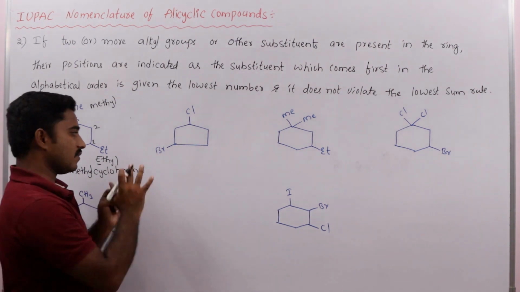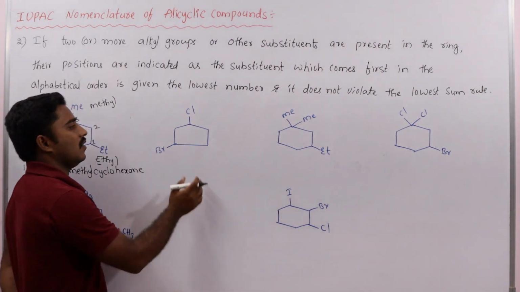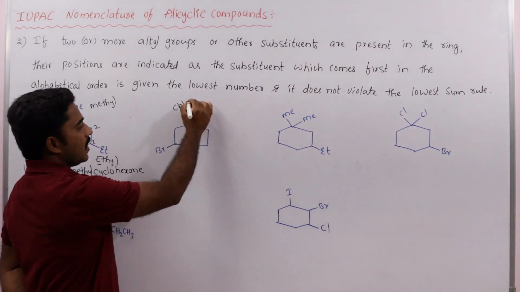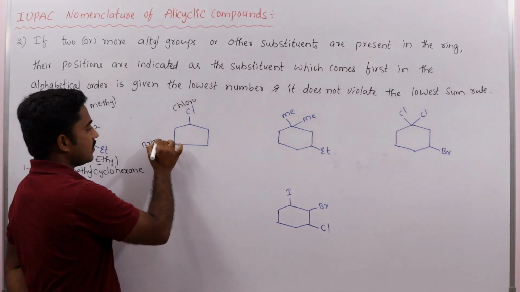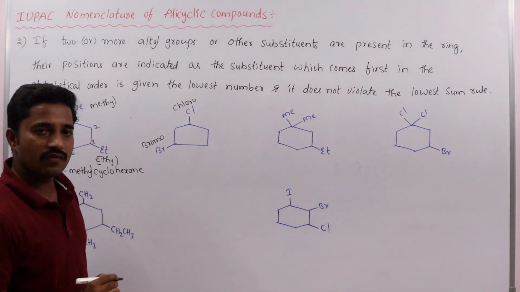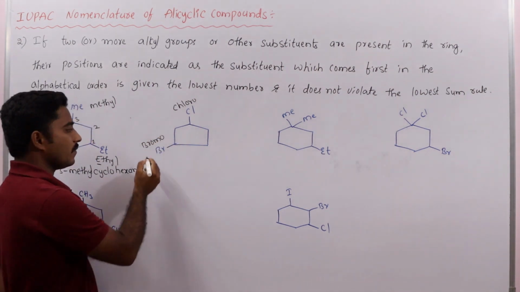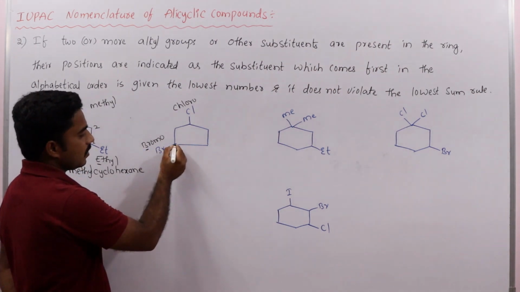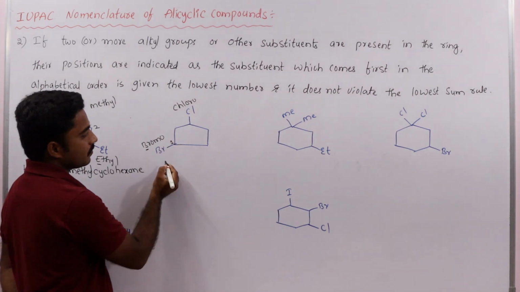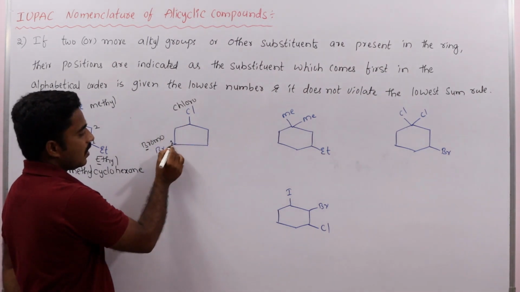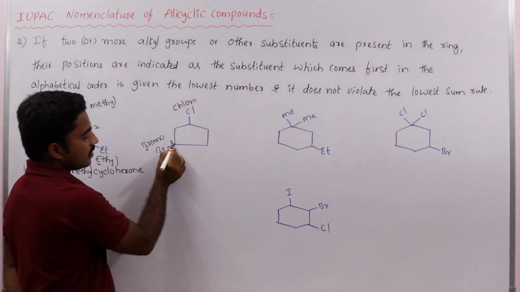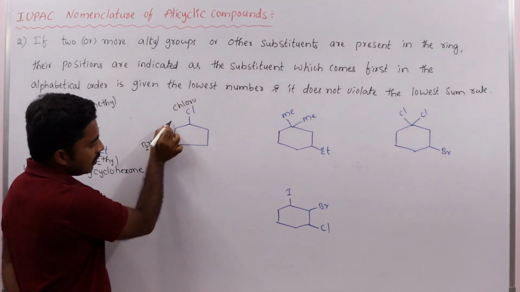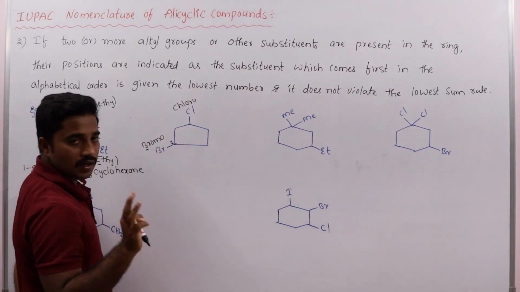So let us see this case. Here you see, chloro is there, here bromo is there. Which one will come first in alphabetical order? B will come first. That's why we have to give numbering from here as 1. This way or this way? Here 1, 2, 3. If you give it like this, 1, 2, 3, 4, this chlorine position gets the 4th position. If you give it like this, the chlorine position gets the 3rd position.